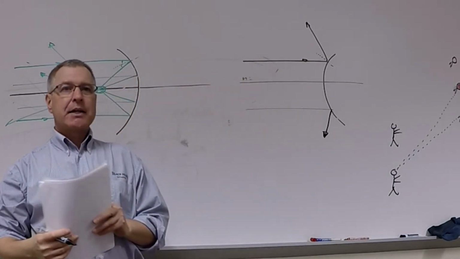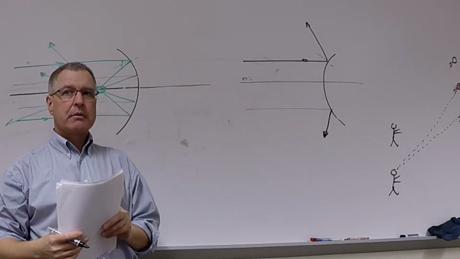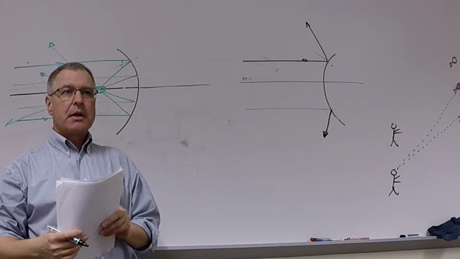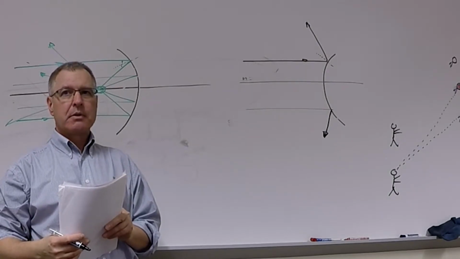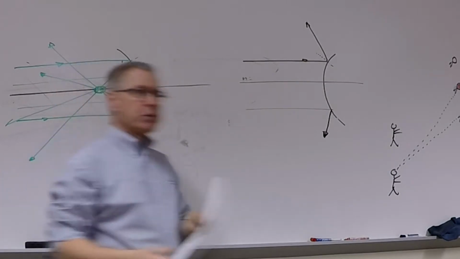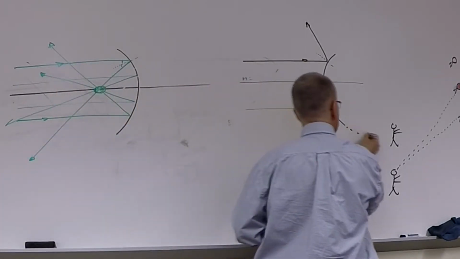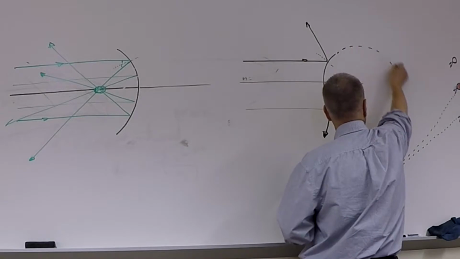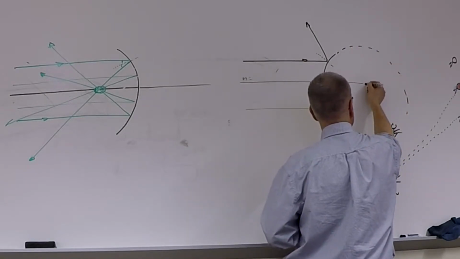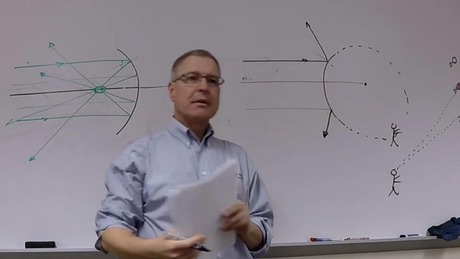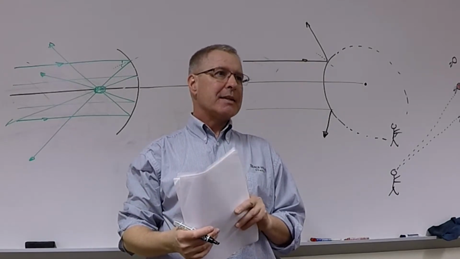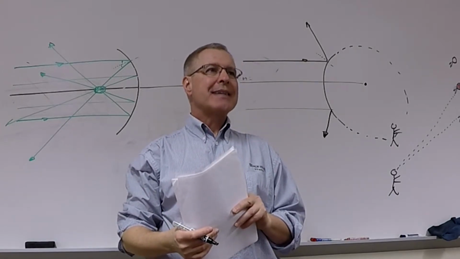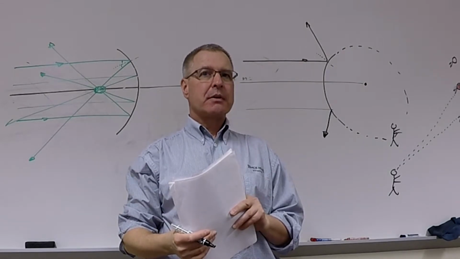So does that kind of a mirror have a focal point? Let me back up. Does that kind of a mirror have a center of curvature? Sure it does, because I can extend that around like that, and there's the center of curvature. I will contend it does have a focal point, and it's exactly like the other one. It's halfway to that center of curvature.